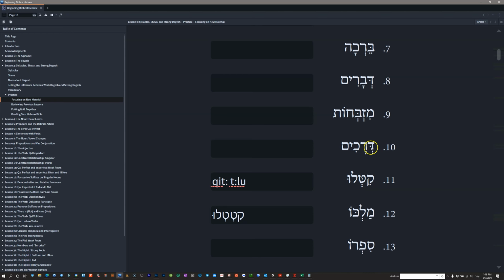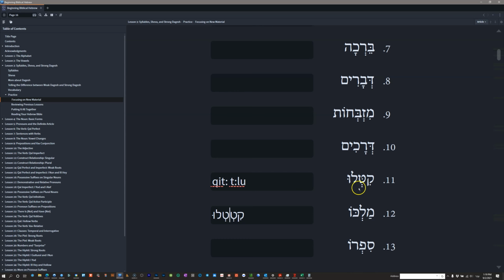Okay, so if we look up here, you've got a Dagesh. This is not a doubling Dagesh. This is a weak Dagesh, but it still indicates that the Sheva is vocal. Almost always, if you have a Dagesh and a Sheva in the same letter, it's going to be a vocal Sheva. There's one exception to that we will learn in lesson 6.